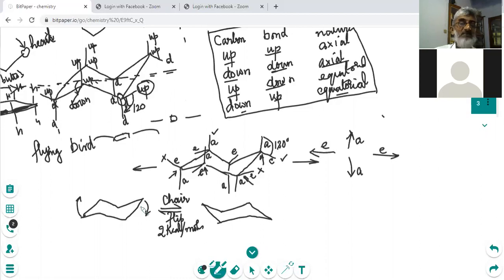And that energy is sufficient to convert this form into this form. So in a sample of cyclohexane, this interconversion is occurring 10,000 times per second.